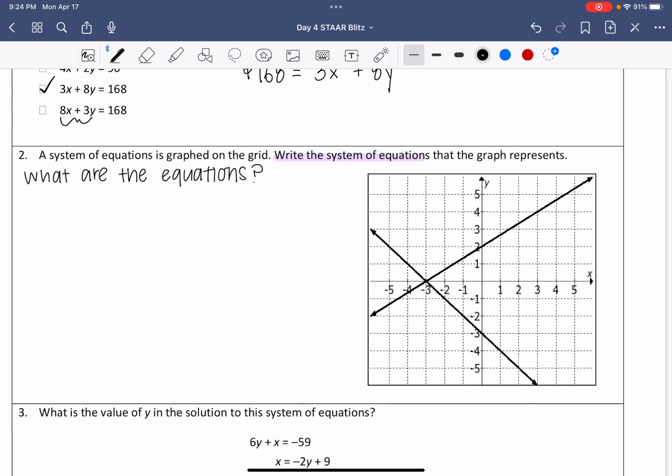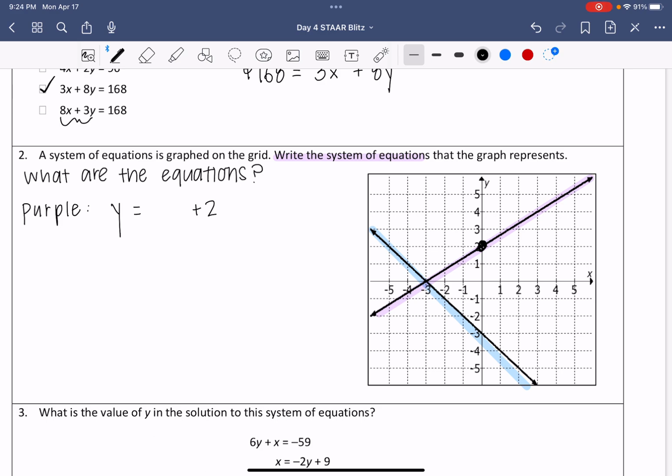Okay, so in order to know that, you need to know the y-intercept and you need to know the slope of these lines. Okay, so my purple line, that I just highlighted, has a y-intercept of 2. Okay, so y equals, and then we have plus 2 as our y-intercept.